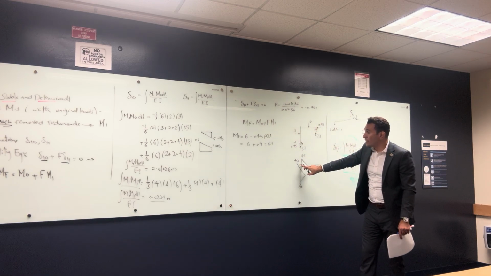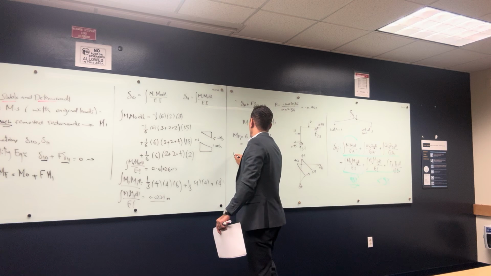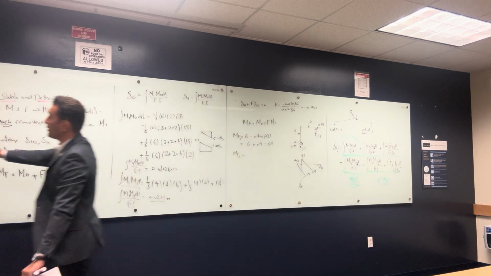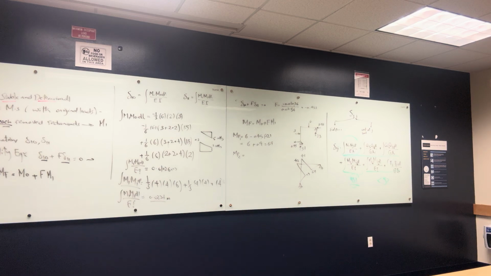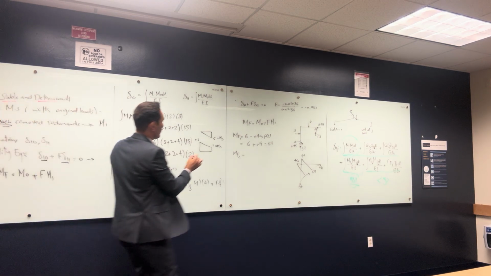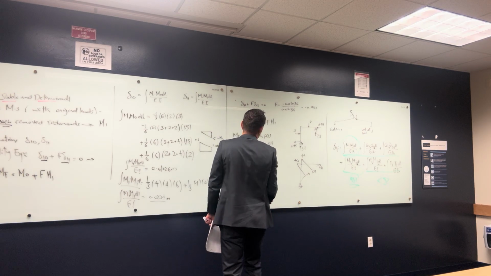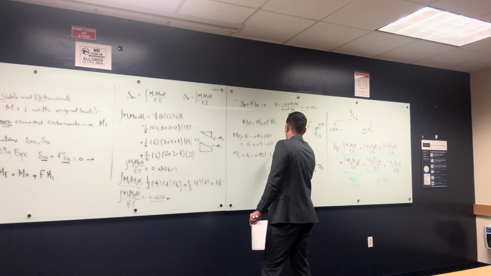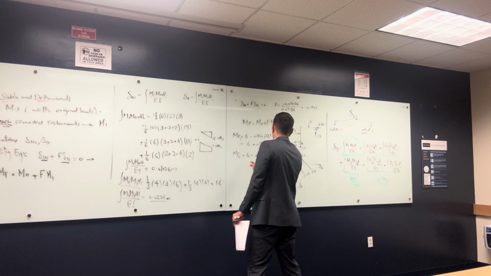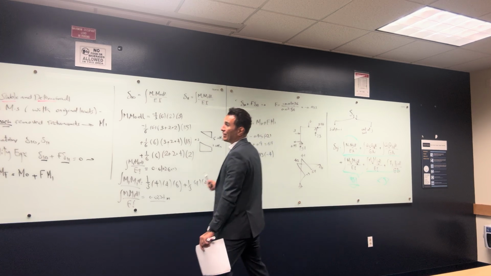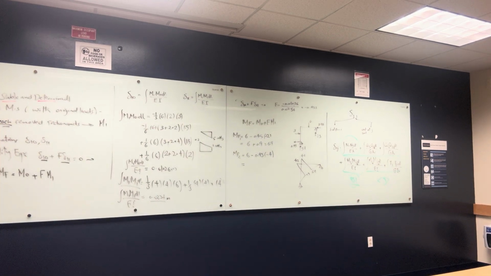You do the same thing here. MF at this point is going to be equal to 6 minus 0.45 multiplied by negative 4.2.